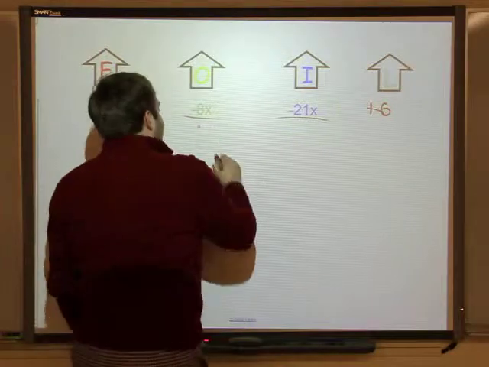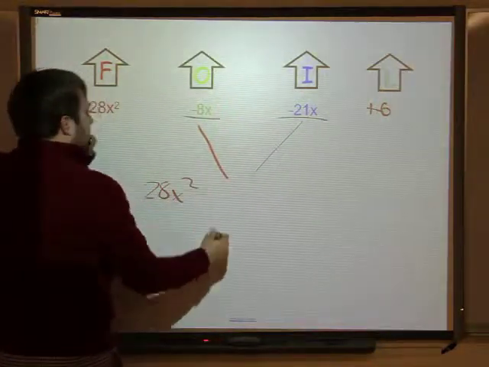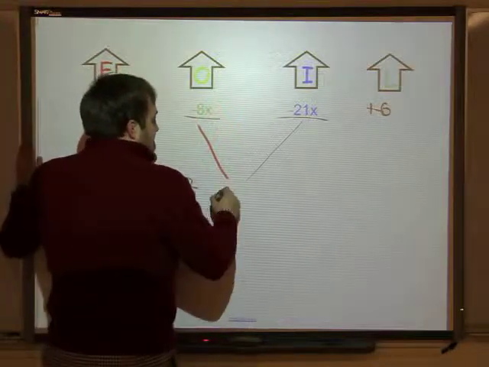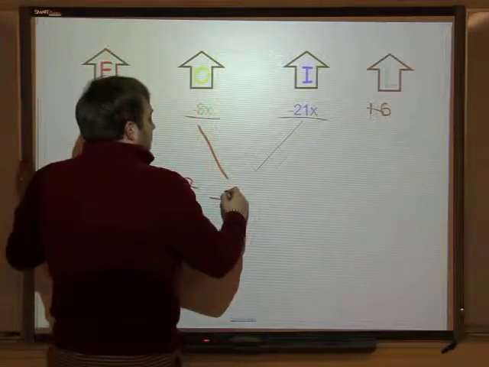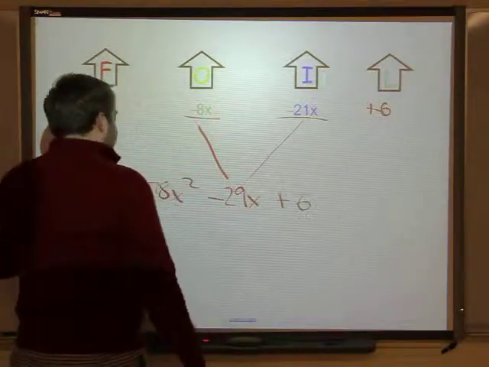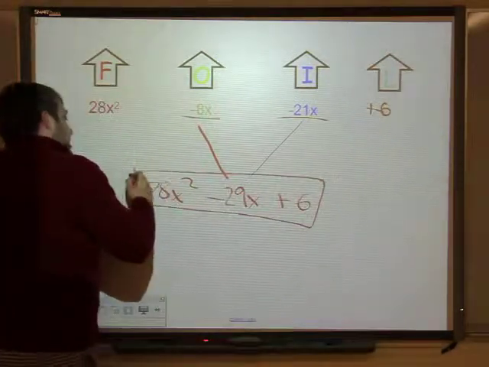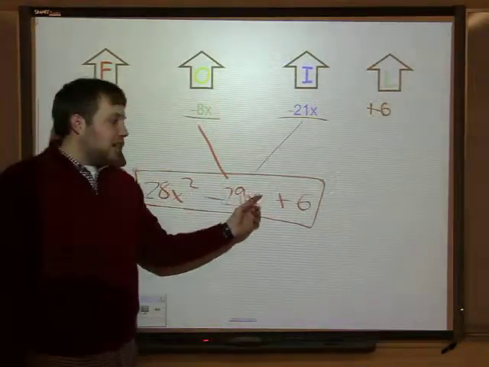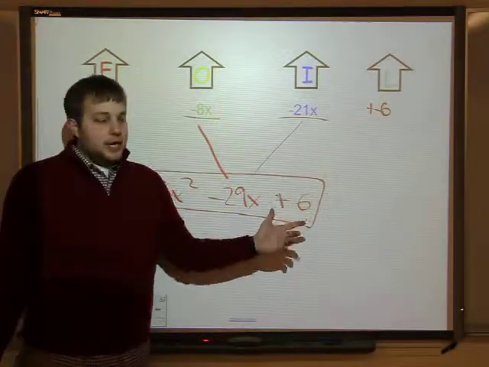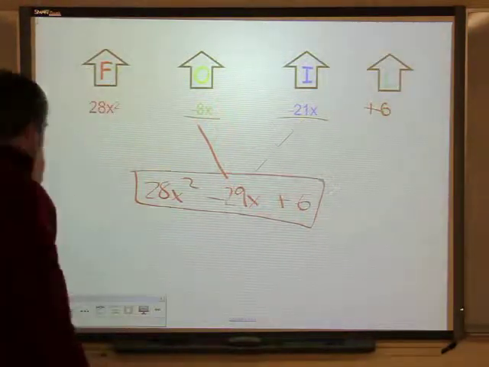So we can combine those. So I'm going to have 28x squared, negative 29x, plus 6. And that's it. Not like term, not like term, not like term. Can't combine anymore. That's the nuts and bolts of foiling, guys.